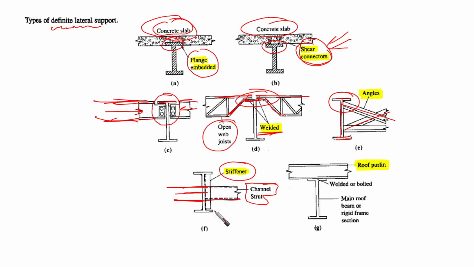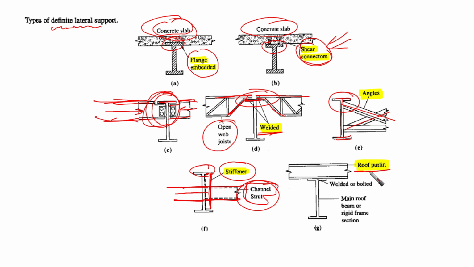Okay, we need to use a stiffener. So this stiffener is going to control the lateral movement of the compression flange. Okay, so take care of this. It's different than this case. Here, in this case, the secondary beam is close enough to the compression flange. Here, it is not. The channel strut is not close, so we need to use stiffeners.